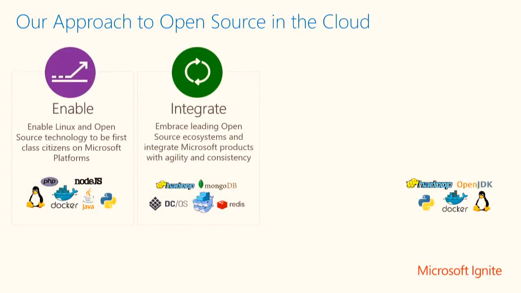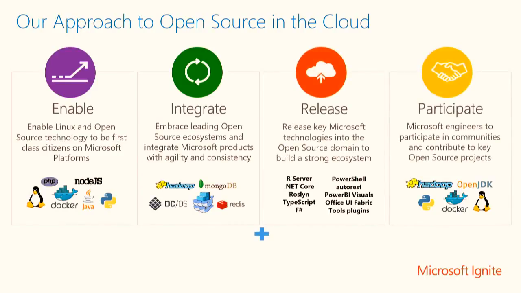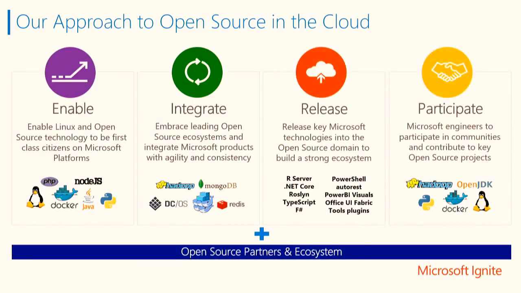So in terms of how we're approaching that overall, there are four pillars to that strategy. The first is about enabling open source technologies to run as first-class citizens on the Azure platform, or all Microsoft platforms. That starts with running Linux virtual machines, so supporting a wide range of distributions that you might want to use.